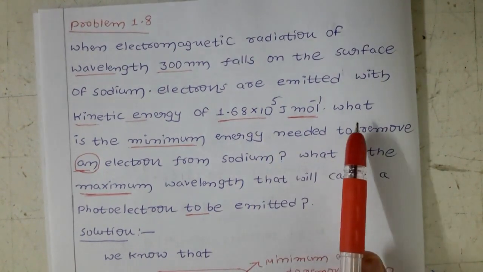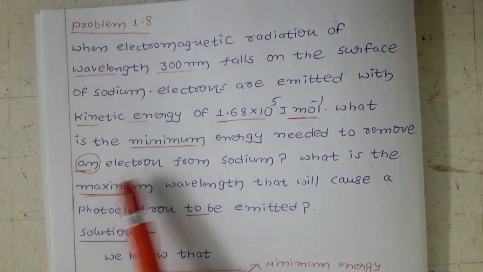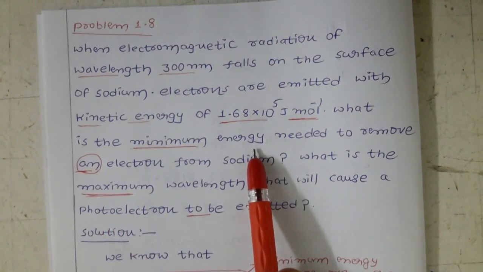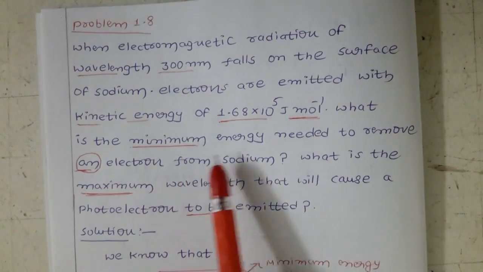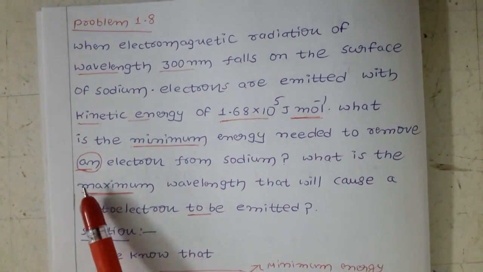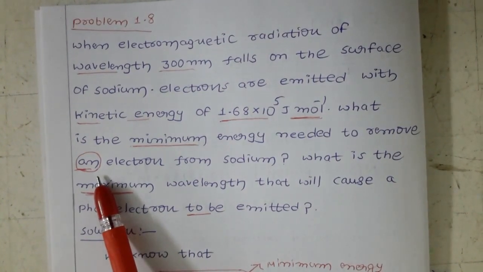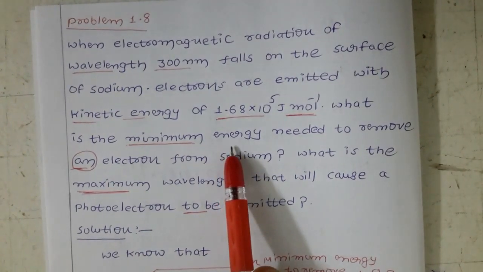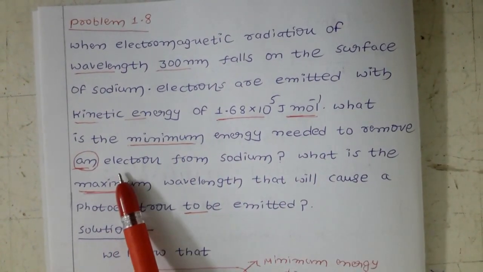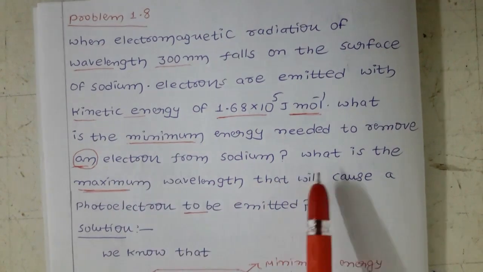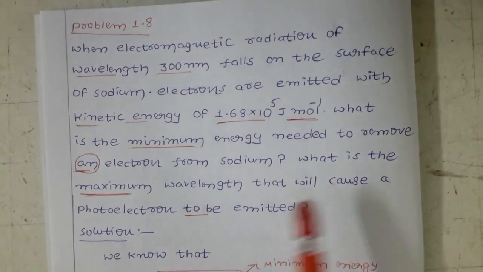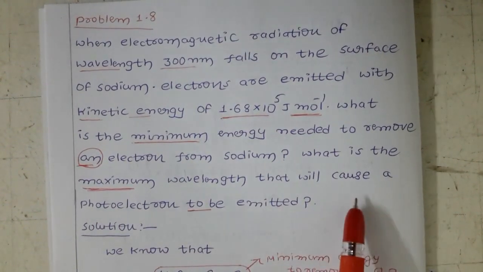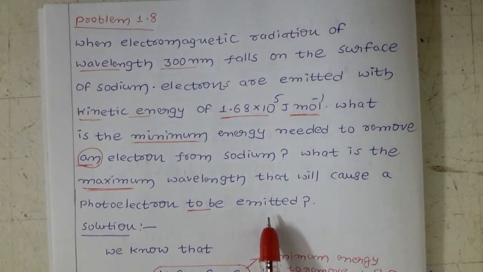Okay. Now, what are they asking? What is the minimum energy? Already we discussed minimum energy and minimum frequency. What is the minimum energy needed to remove an electron? They are asking about only one electron from the sodium. Next question: what is the maximum wavelength that will cause a photoelectron to be emitted?